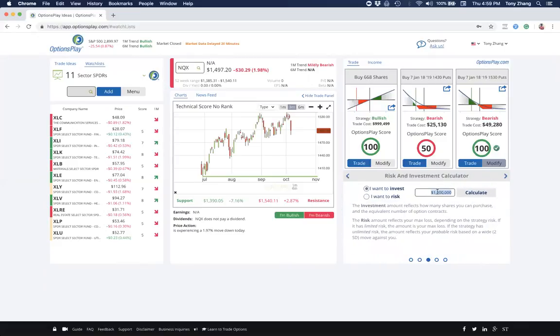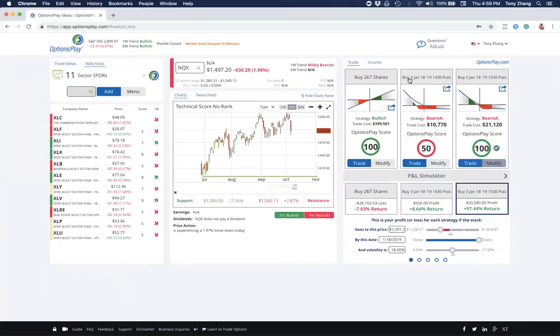You can plug in any size portfolio. So let's say instead of a $1 million portfolio, you have a $400,000 portfolio. You can do the same thing, and now we're only going to buy 3 contracts instead of 7 contracts. So it automatically calculates for you how many contracts to buy, and it allows you to compare what you make or lose on your portfolio versus how much you would gain back on your insurance if you bought either one of these 2 put options.